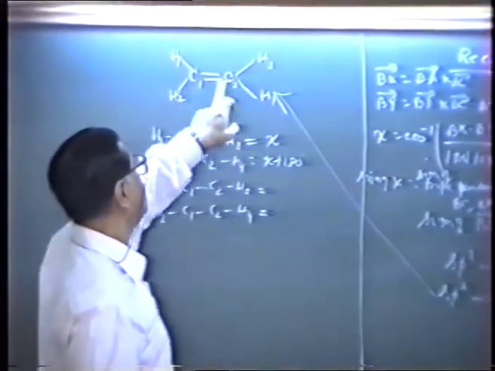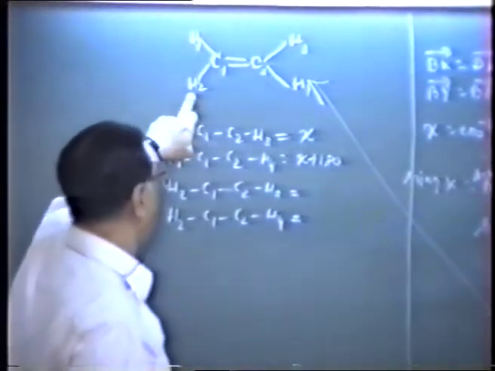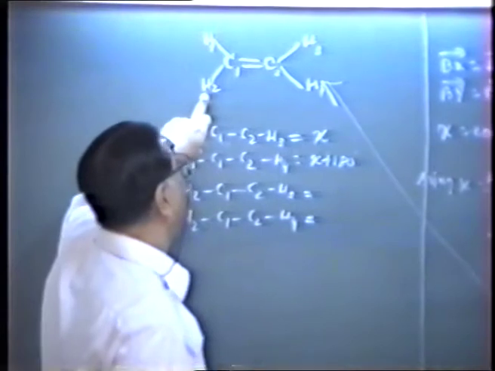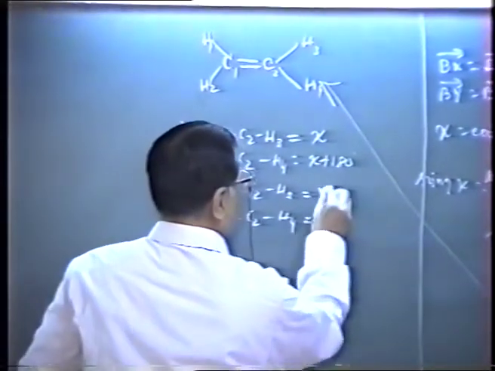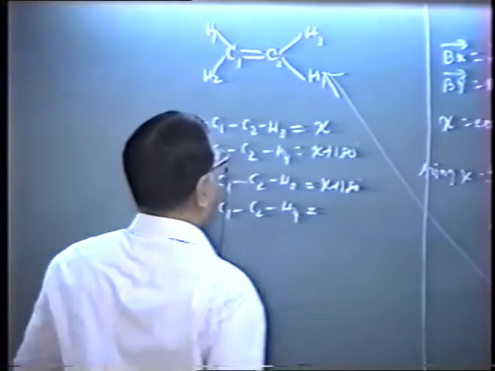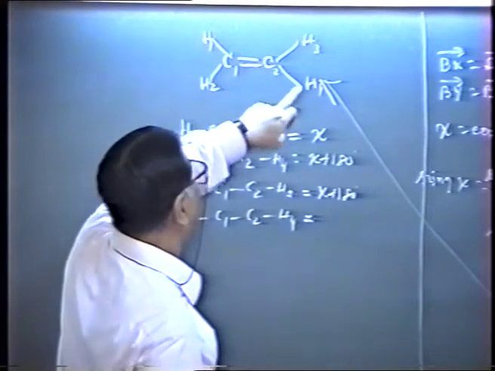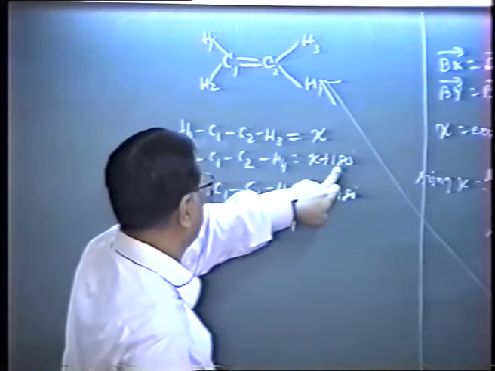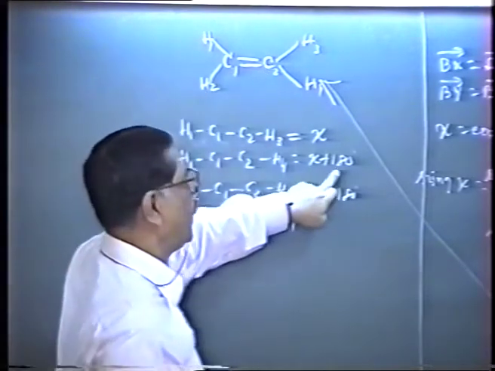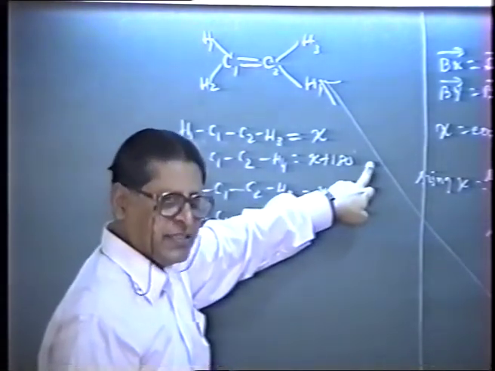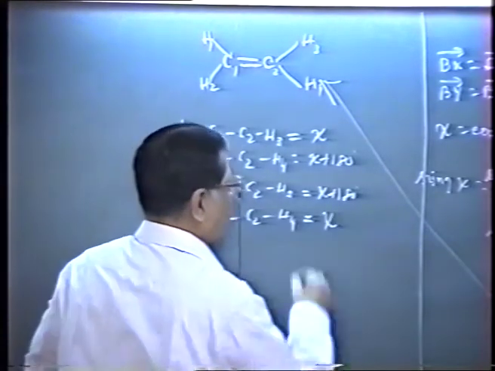If H3, C2, C1, H1 is chi, H3, C2, C1, H2 will be chi plus 180. And similarly, we have seen H1, C1, C2, H4 is chi plus 180. Therefore, H4, C2, C1, H2 is chi plus 180 plus 180, which is chi plus 360, which is chi. And therefore, this will be chi.